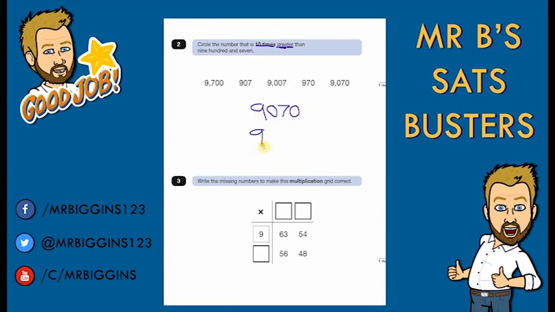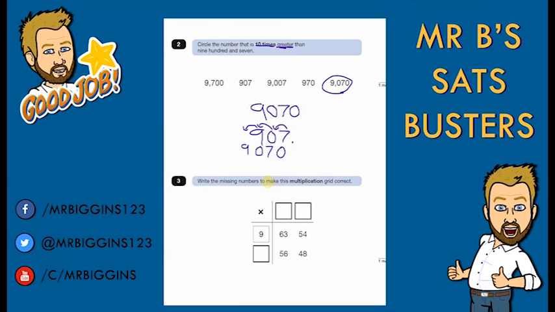Technically, for all of you that know, my decimal point is here, and what I am doing is moving every number up 1 value in place value. So we'll put my 9 into my thousands, my 0 into my hundreds, my 7 into my tens, and then I put a 0 to fill the gap, so we know it's 9,070.